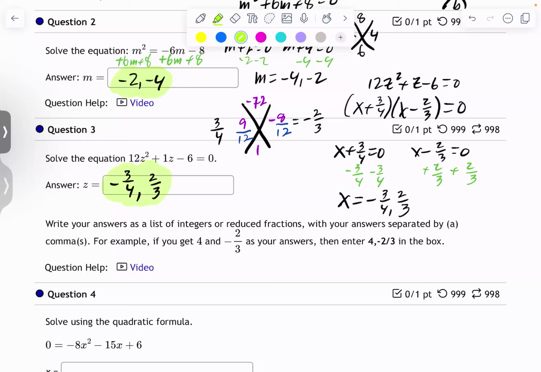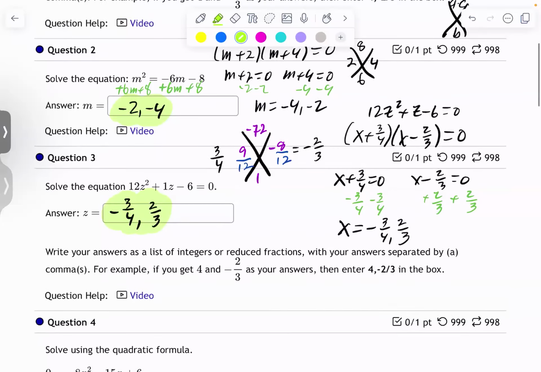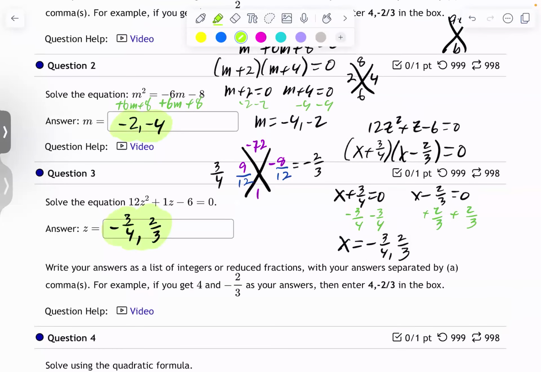Now we have to divide those by 12 when we did the diamond problem up there, because that number is something other than a 1. And you can notice that if you look at the diamond, we have the 3/4 and the negative 2/3, but the answer is exactly opposite signs. That's the same as above, when we ended up with the m plus 2, m plus 4, notice that our answers were negative 2, negative 4.